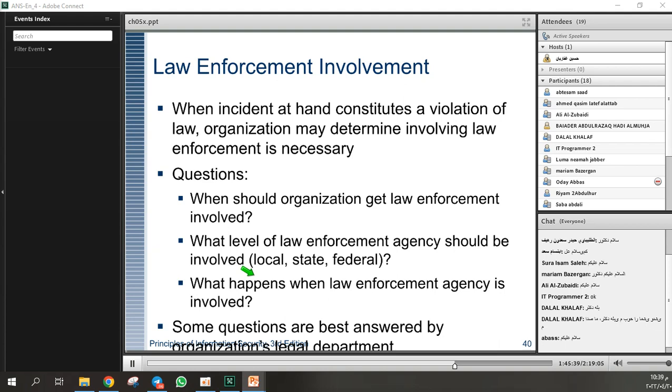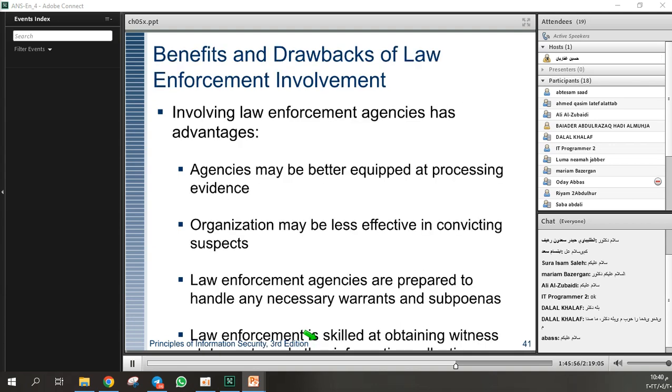So in this case, we should answer these questions. When should the organization get law enforcement involved? What level of law enforcement agency should be involved: local, state, federal, national, international? And what happens when a law enforcement agency is involved?